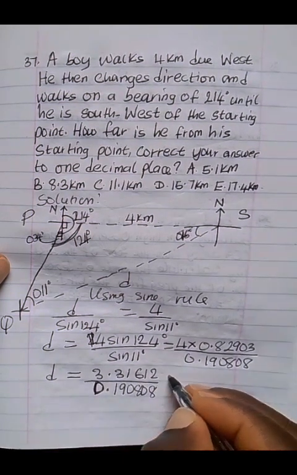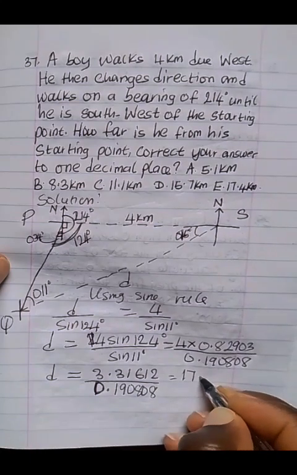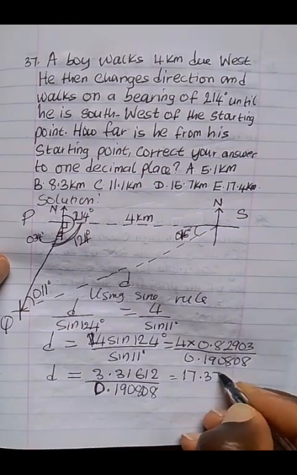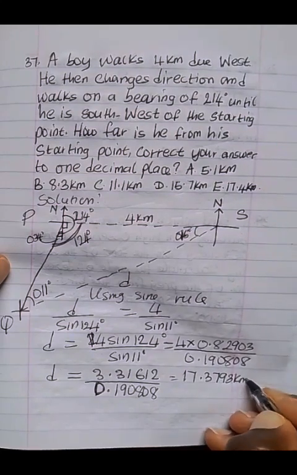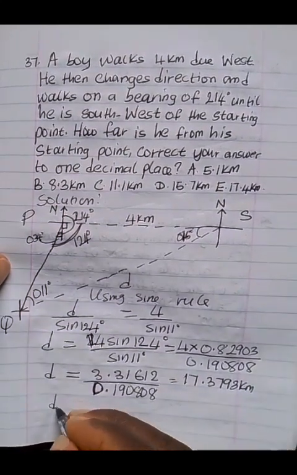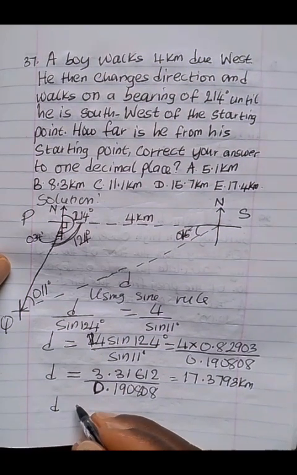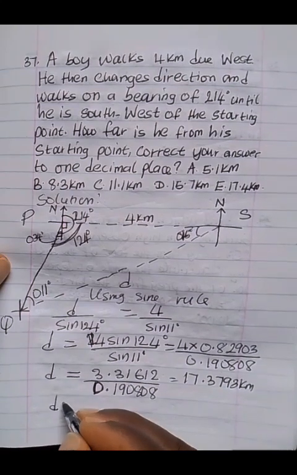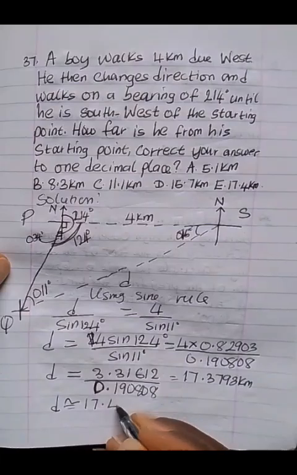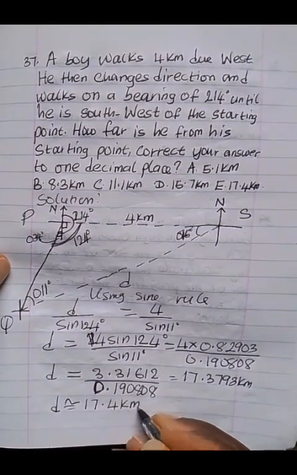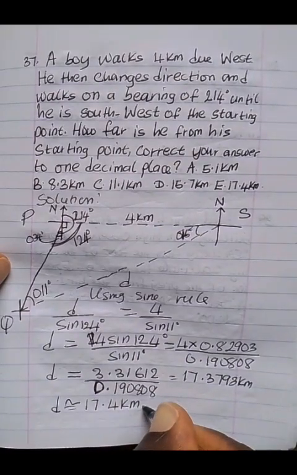If you divide from here, you have 17.3793 kilometers. To 1 decimal place, the required distance is approximately equal to 17.4 kilometers. The correct option is E.